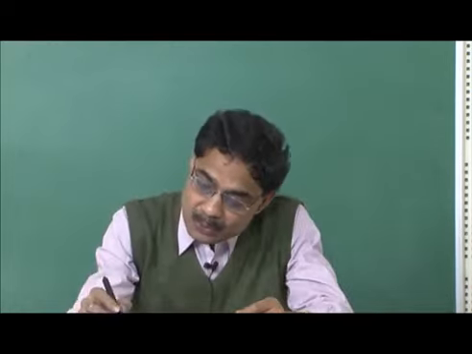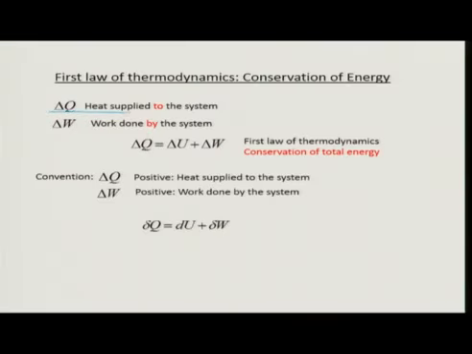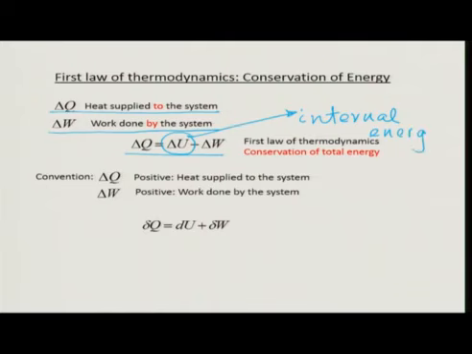So, delta Q is the heat supplied to the system, delta W is the work done by the system, and then the first law of thermodynamics says delta Q is equal to delta W plus this new quantity which is called delta U, that I will be calling the internal energy. Okay?